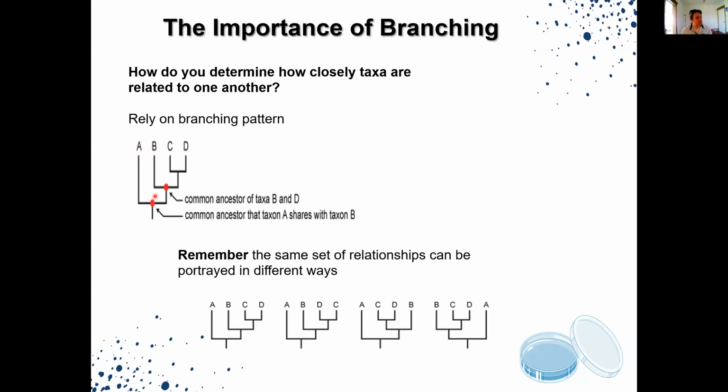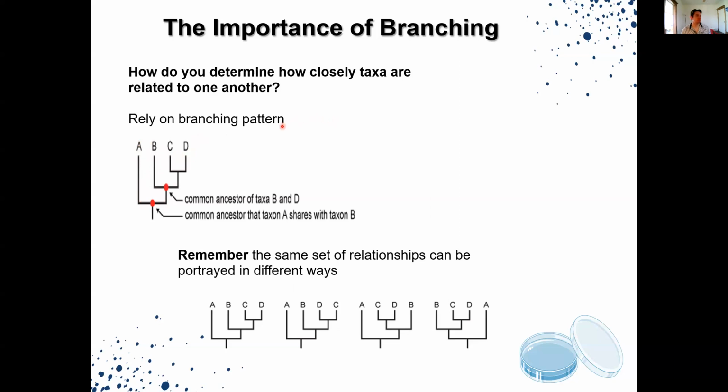They share a branching point up here, meaning A is equally related to B, C, and D, because the last common ancestor would be up here. So the common ancestor of A and all three of these, B, C, and D, is up here, meaning it is equally related to all three of them. So you have to rely on this branching pattern to tell you more about the relatedness of these organisms.